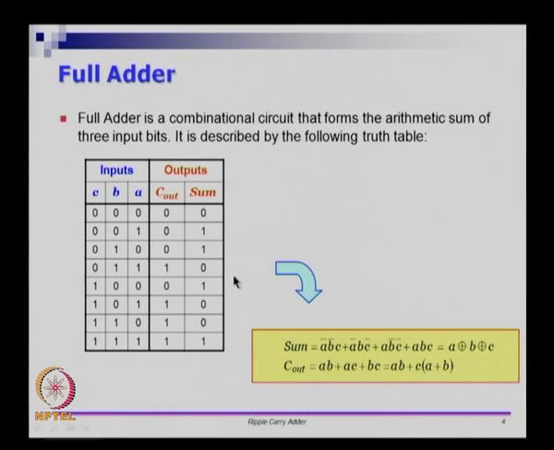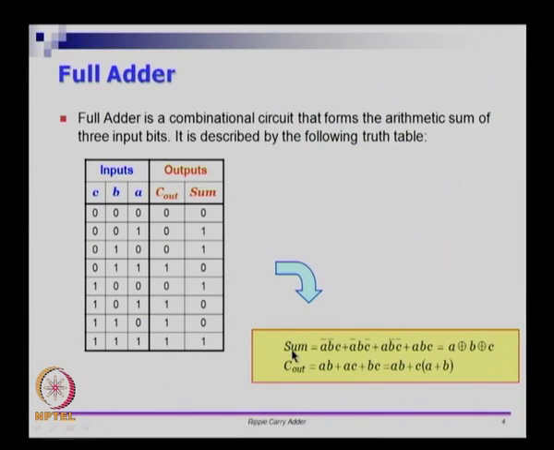If you go and do the Boolean minimization for that, you will see that sum is A XOR B XOR C and C out is AB plus AC plus BC. So, C out is actually the majority of the 3 and sum is the XOR of the 3. We have already talked about this at length on several occasions before. We did not call it a full adder then, but now we know that it is a full adder.